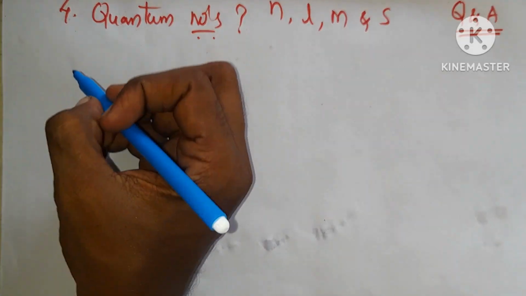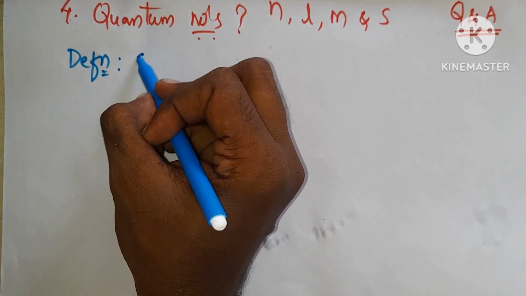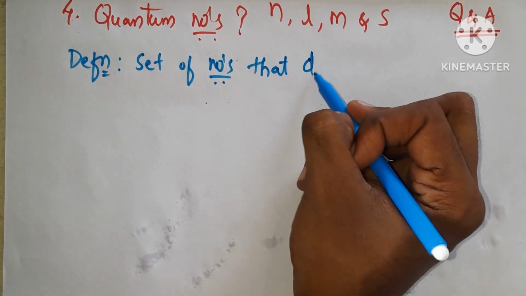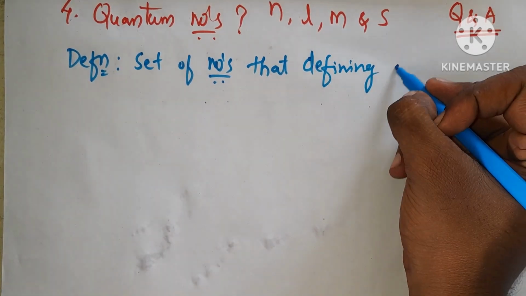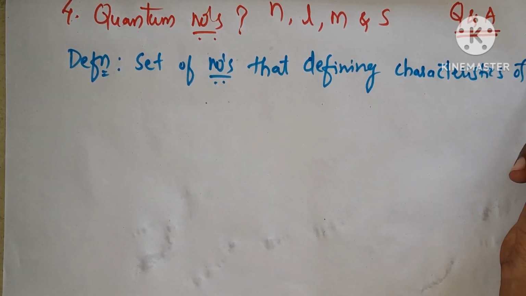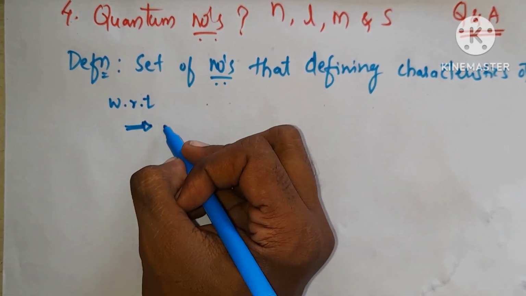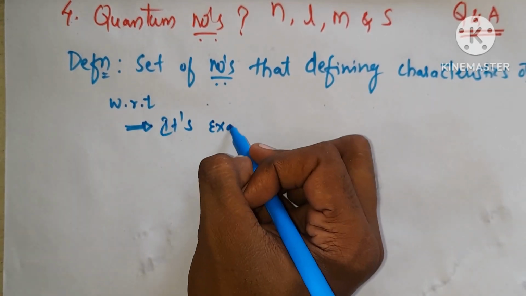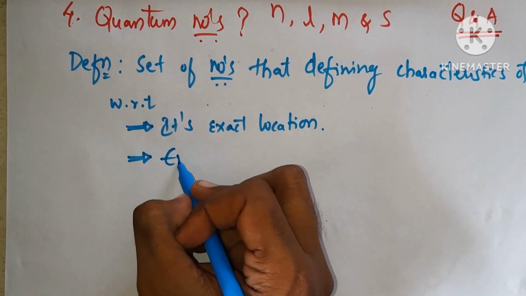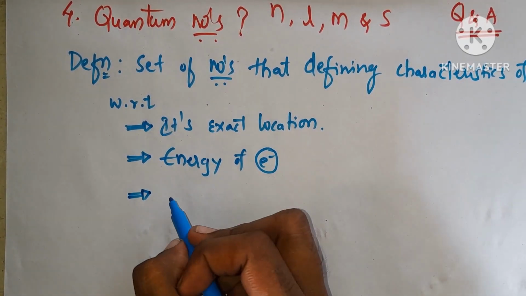So here the definition for quantum numbers: quantum numbers are a set of numbers that define the characteristics of an electron with respect to point 1, its exact location, point 2, the energy associated with that electron, and the third point is the state of that electron.